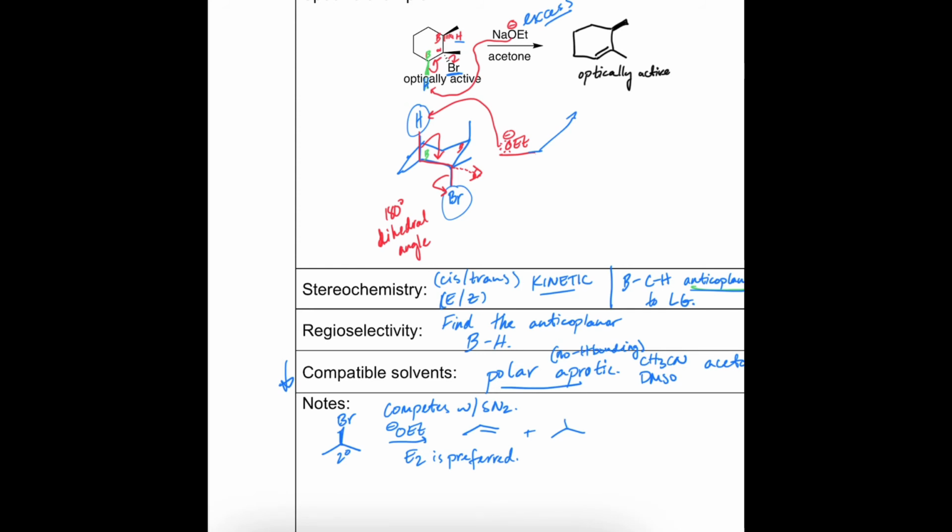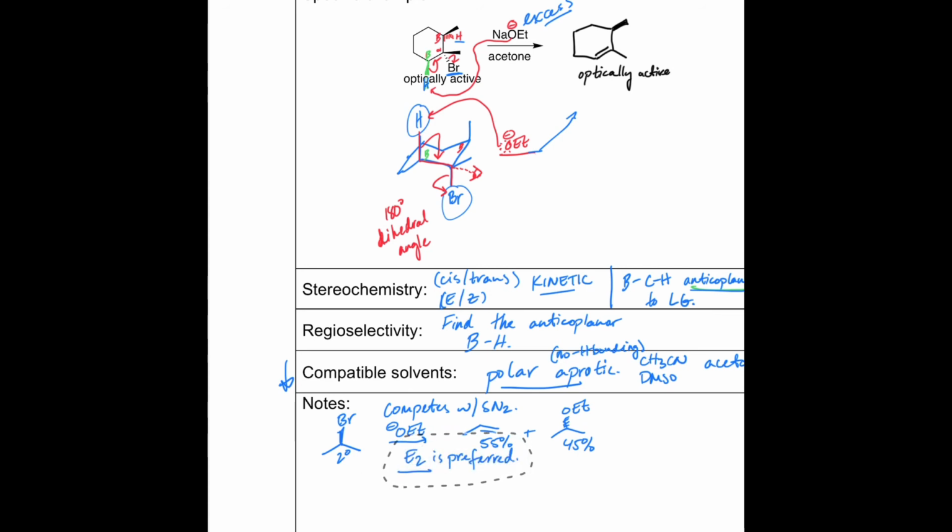And actually in this reaction, the alkene you form plus the other product you get from SN2, oh, I could have drawn that wedged. That would have been fine. There's no chiral center here. 55% and 45%. So the E2 is still preferred. However, you still get some of that SN2.